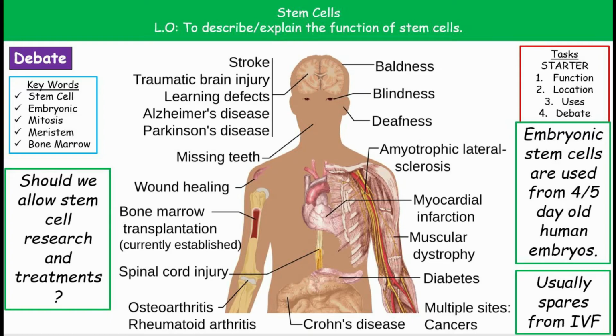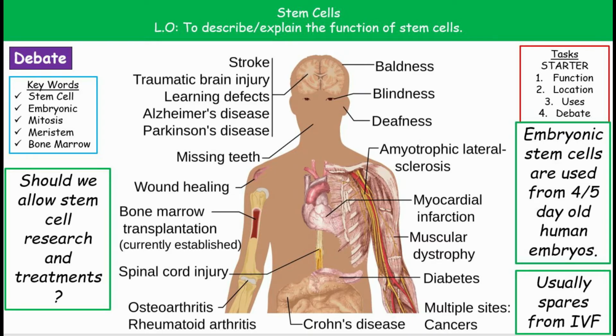But the basic of it is that you're going to end up with way more actual embryos than you really need. So what some women choose to do is donate those to stem cell research when they've actually used all the ones that they wish. And they're the ones that can then go into all of these different potential treatments. So you can see in that little diagram in the middle there, all the different ways that we could potentially use stem cells in the future.